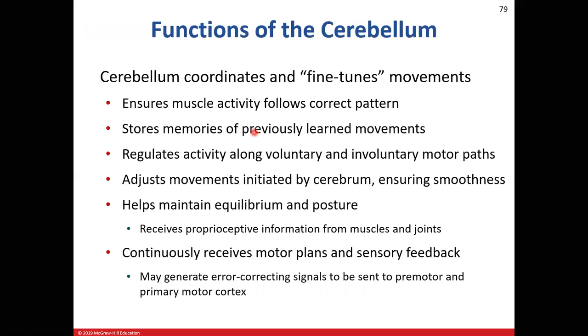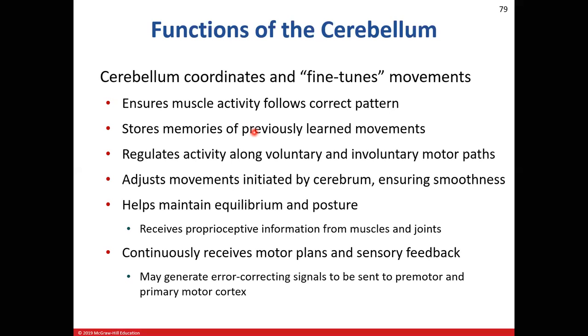So how do we look at the functioning of that cerebellum? Well, one of the things I mentioned earlier is that the cerebellum helps to create this blueprint of movements. And so what it does is as the brain is kind of creating this pattern of what it wants to do, the cerebellum helps to fine-tune some of those movements. And so it ensures that muscle activity follows a correct pattern of movement.